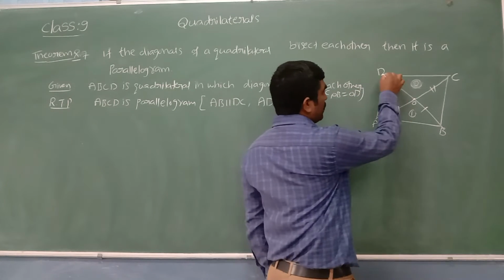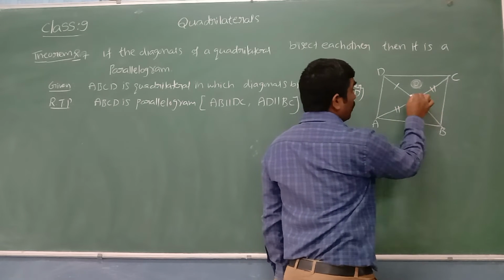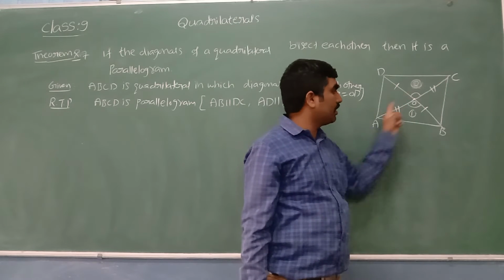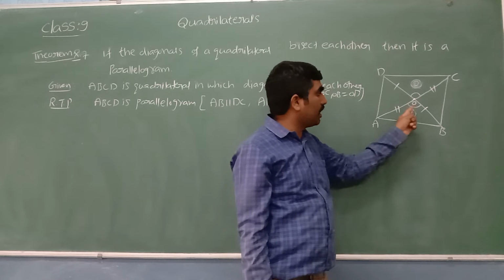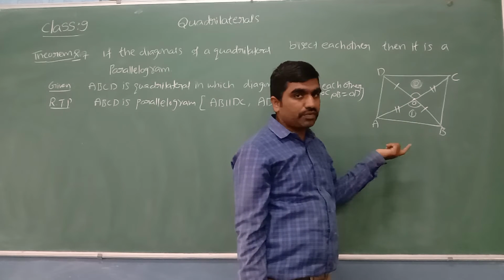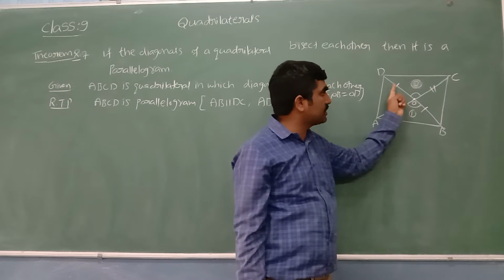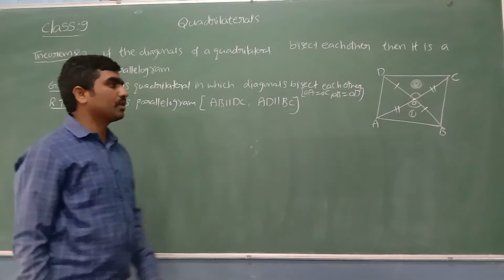That comes under the given data. Also DB and AC are intersecting lines, so these 2 angles are vertically opposite angles. When 2 lines intersect, the opposite angles formed are equal. Now they are congruent by which condition? Side angle side criteria.